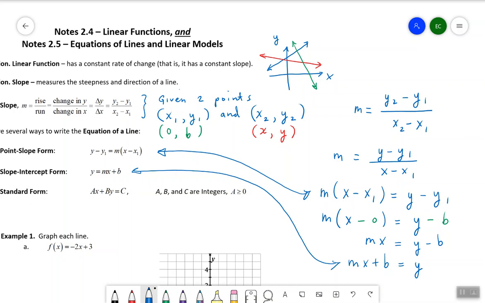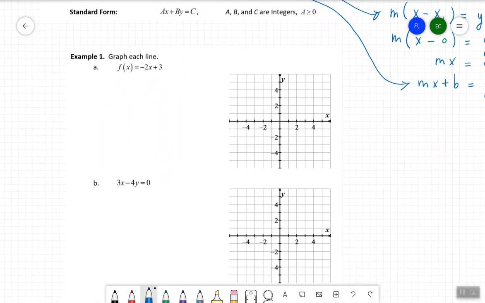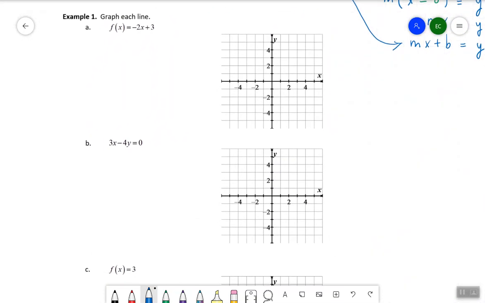Okay, we can talk about the standard form a little bit later. For now, what I'd like to do is go on and get into example 1. I'd like to remind you again, a lot of this is review, and so there's a good chance you know how to graph this line. You should pause the video and try it for yourself.